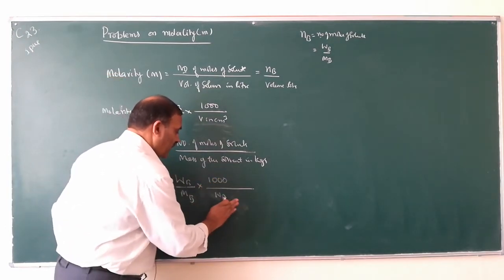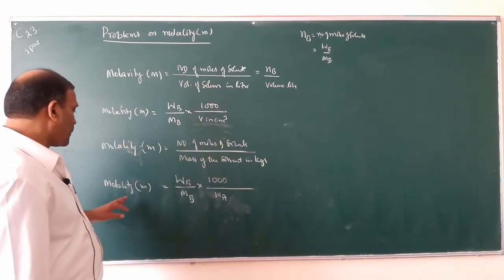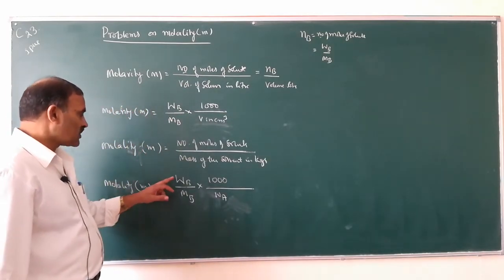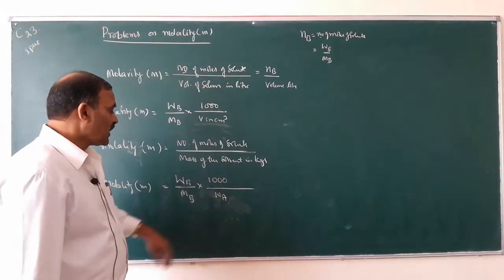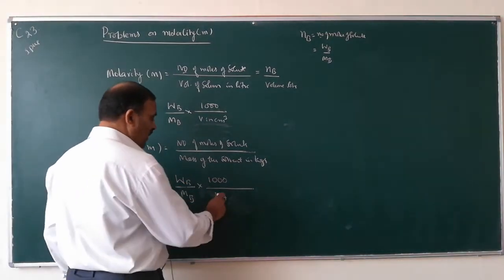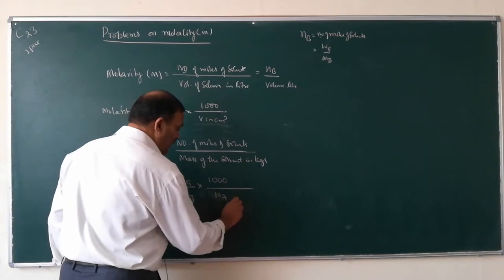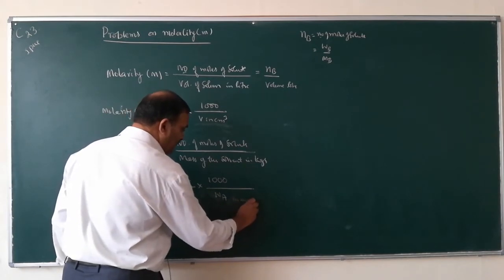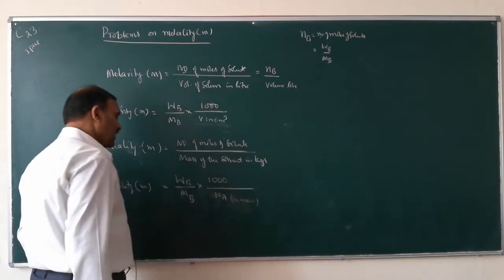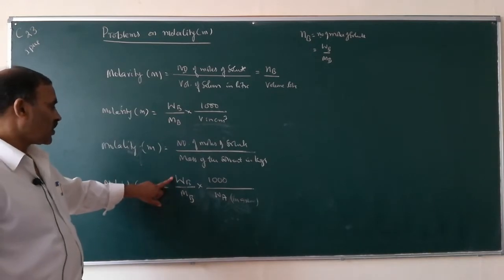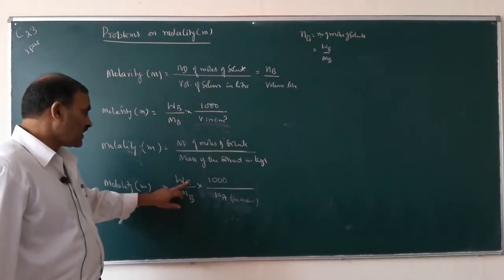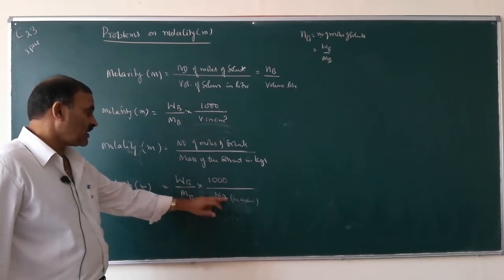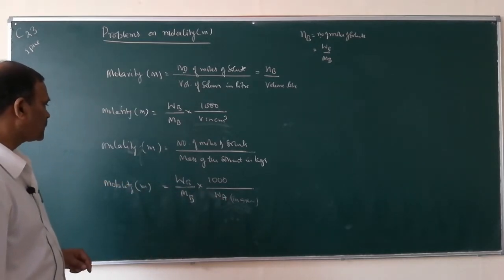So then the equation for molality becomes molality equals WB divided by MB into 1000 divided by WA. What is WA? Weight of the solvent in grams. WB over MB is weight of solute divided by molar mass of solute. B represents solute, A represents solvent.